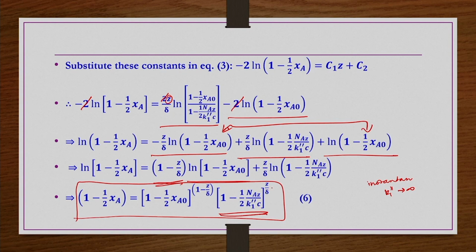So it will be 1 to the power something, so it will be 1 only. So only this part would be there, which is the same as the solution of part A, where the reaction is instantaneous. So if the reaction is not instantaneous and the reaction is pseudo first order, then this additional correction term will appear on the right hand side.